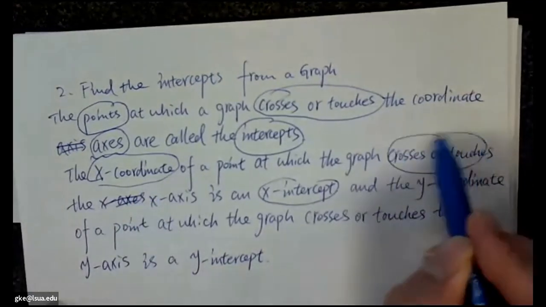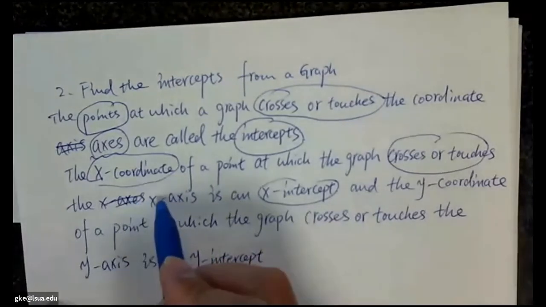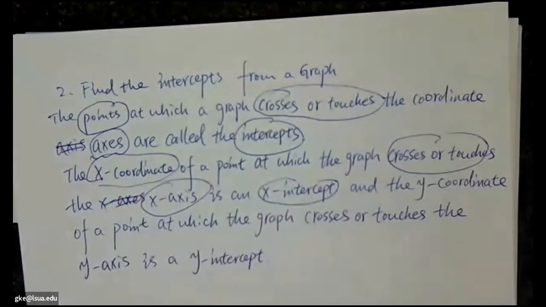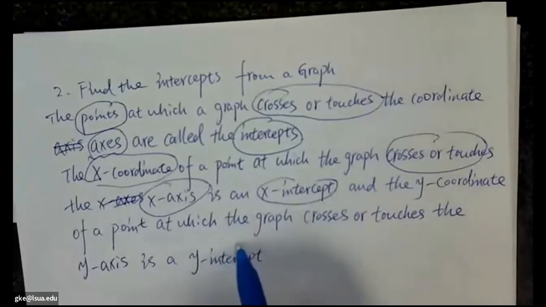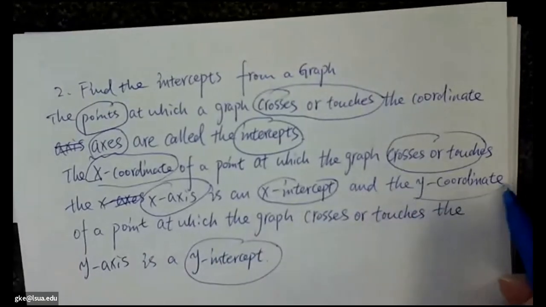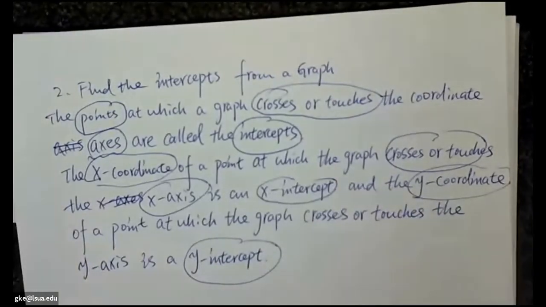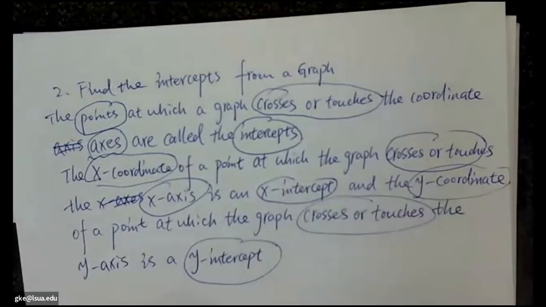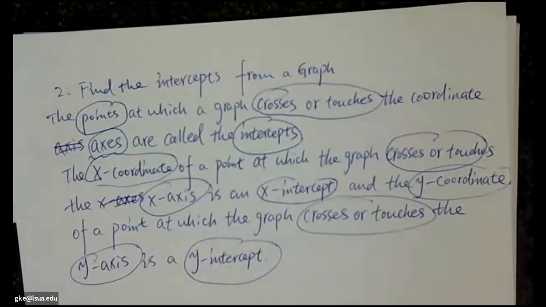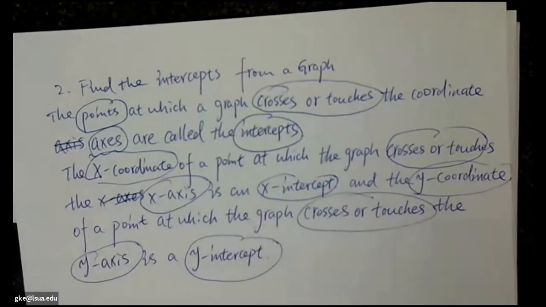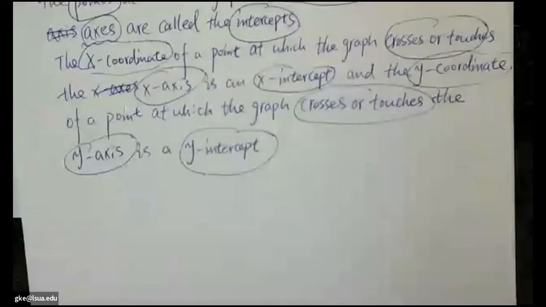And of course, that should be crosses or touches the x-axis. Now, for the y-intercept, it's gonna be very similar. It's just the y coordinate, and crosses or touches the y-axis. Okay, so those are the keywords you need to be careful about. Now let's take a look at examples. Okay, very simple examples. Take a look.